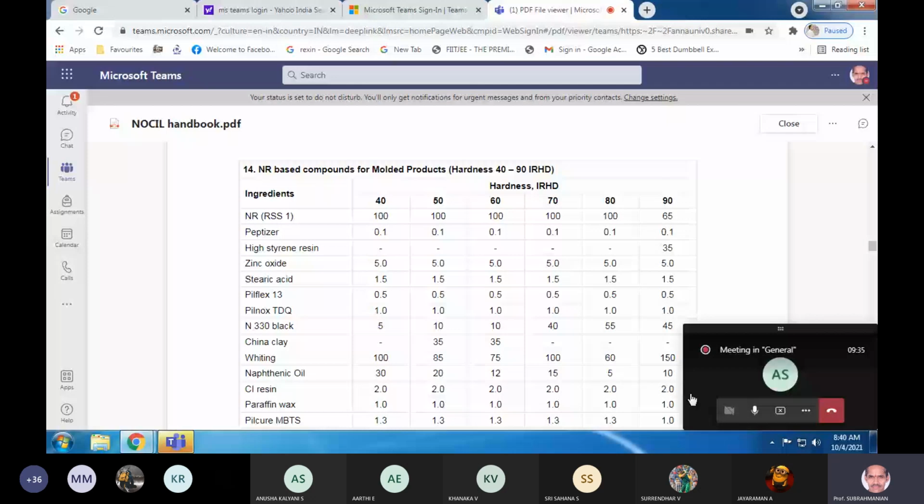So in place of IPPD, 6PPD can also be used. They are not identical, please note. So in respect of anti-ozonant, make a note, listen very carefully. That is not covered here, but better make a note.